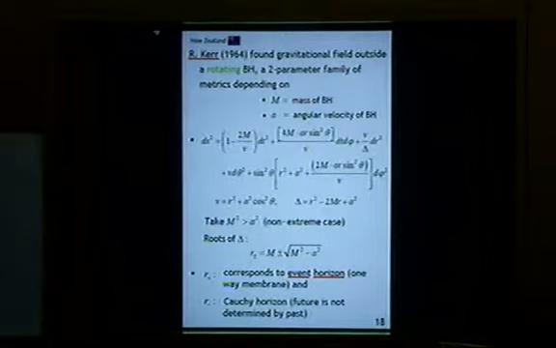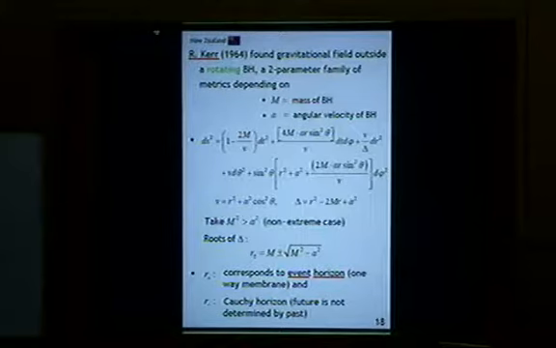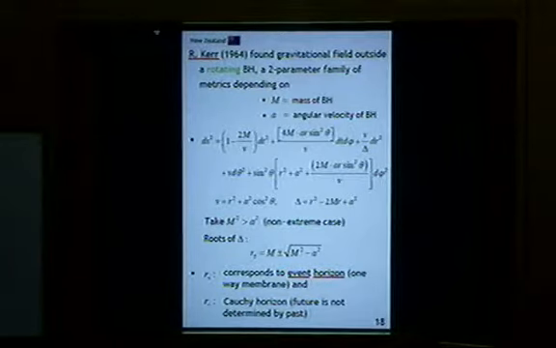It doesn't do anything crazy. But the delta, which is in the denominator of the dr squared term, matters. If we take the case where m squared is bigger than a squared, that's called the non-extreme black hole. Okay, this is the generic one.